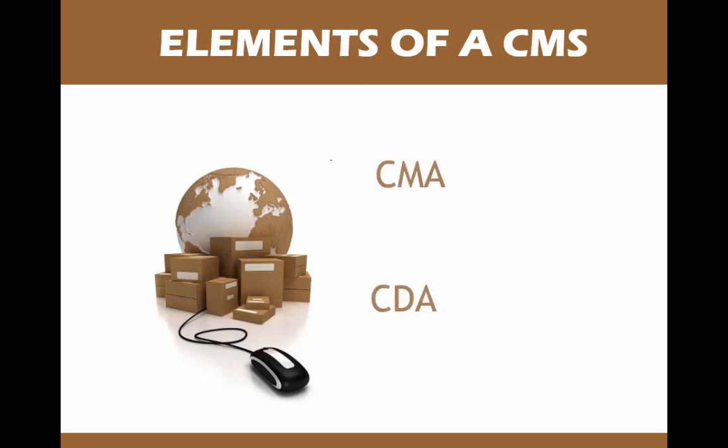And what are the elements of a content management system? Every content management system has 2 elements: a CMA, that is content management application, and a CDA, content delivery application. The CMA is where you design your site. You are the only one that has access to the CMA. That's where you can add content, manage content, organize your content, you can do everything.